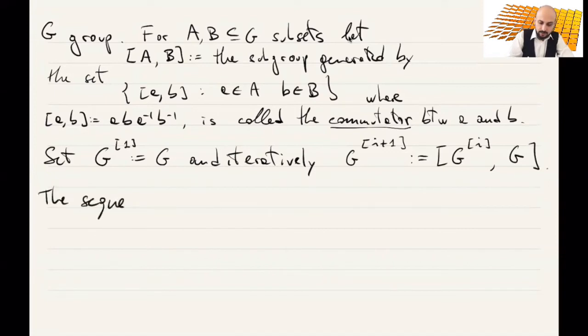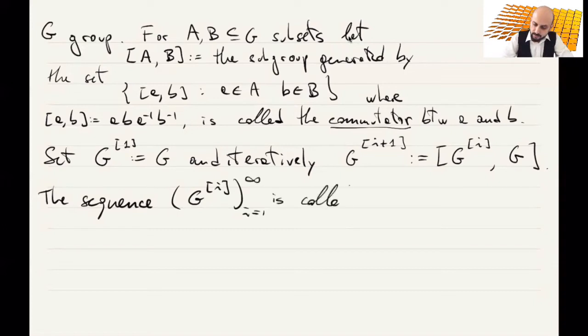The sequence G_i, i from 1 to infinity, is called the lower central series, or also the descending central series.